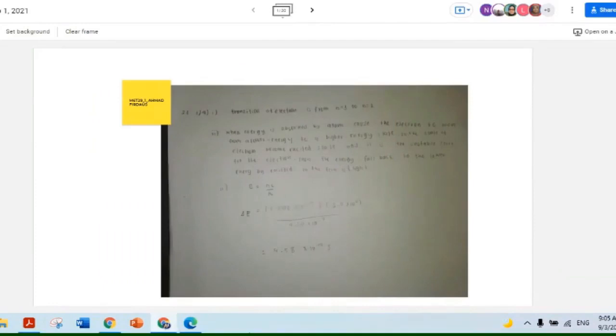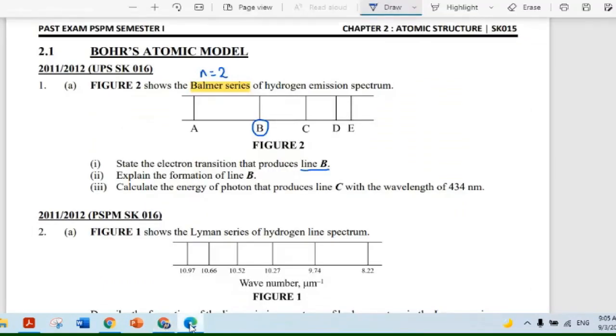Okay, everybody, please check this question. Okay, Firdaus tadi cakap line yang mana line pertama? A. This is the first line. Why? Because the wavelength. Okay, the distance between the two lines is the greater. Yes. Okay, so this is the first line.